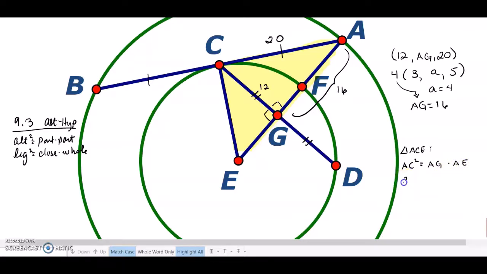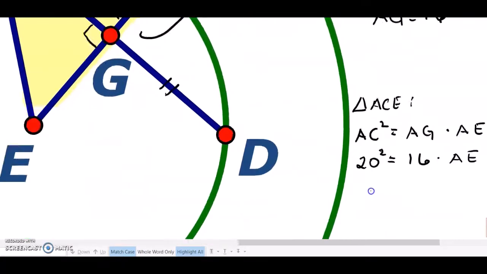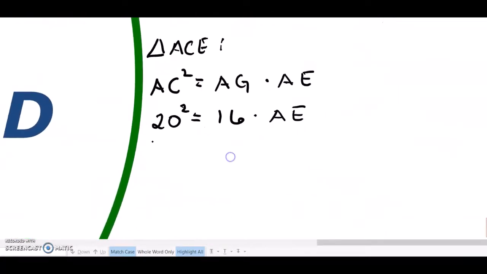So AC is 20, AG is 16, and my AE is what I want to solve for. Zoom in on that a little bit. So 20 squared, and I'm doing this without a calculator, so I'm going to do it a little bit differently. 16 is 4 times 4, so that reduces to 5, that reduces to 5, so AE is 25.